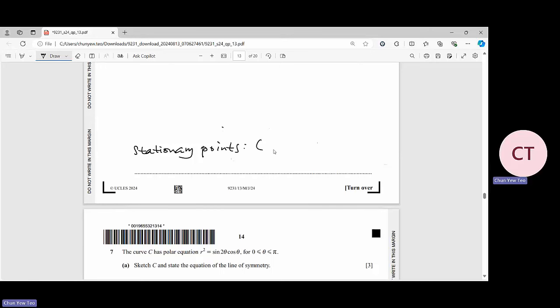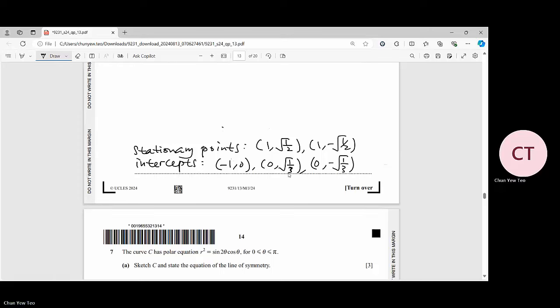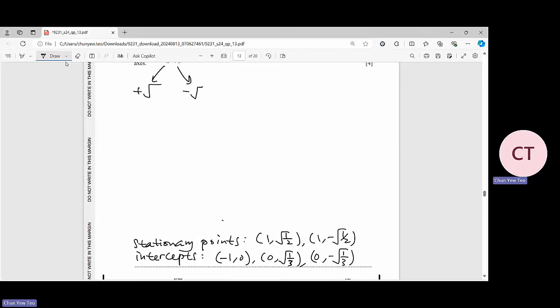Just now I told you it is 1 and the square root of a half, and another one is 1 and the negative square root of a half. Then your intercepts: just write down -1, 0; 0 and the square root of 1 over 3; and 0 and the negative square root of 1 over 3. So these are the 5 points that we have. Based on these 5 points, we slowly and carefully put them into the diagram.